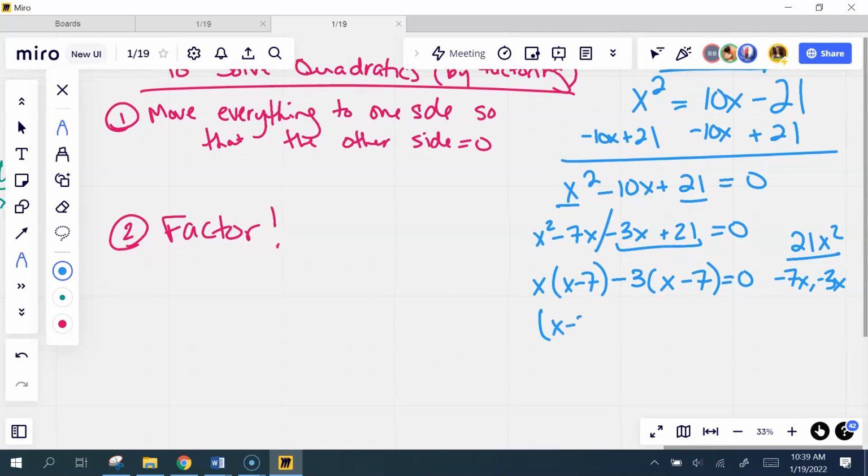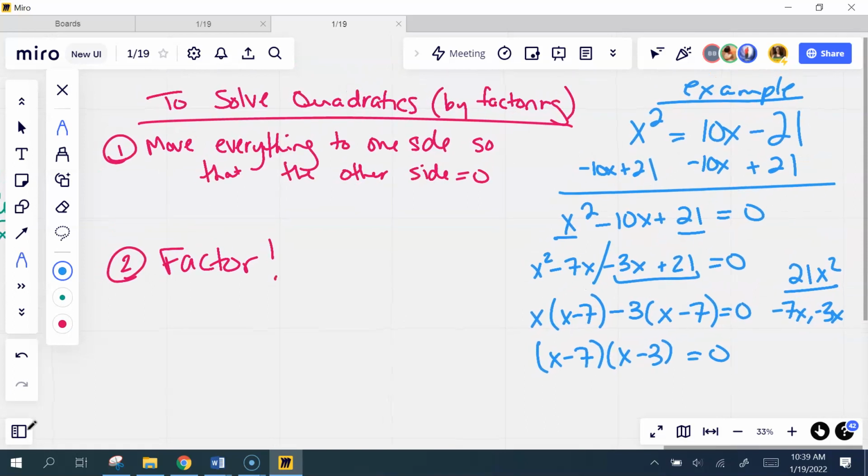So factored, I look this way. Now remember, the goal of this is to solve that quadratic, okay? Any guesses on what I need to do now?